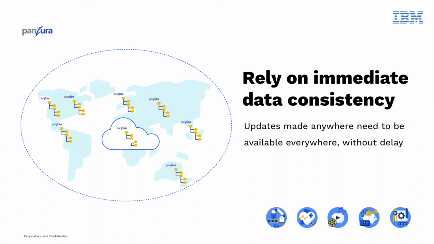By the way, you can again put Panzura filers in a VM in IBM Cloud, in a VM in Google, AWS, Azure, Oracle Cloud. It doesn't really matter. They can all be part of this global file system. So if, for example, you're a customer and you have to get data into Oracle Cloud for the database, but you need it in NFS and CIFS local connection to ingest into that database, and that data is being generated in San Francisco, but it needs to be used in Japan, all of those filers are local.